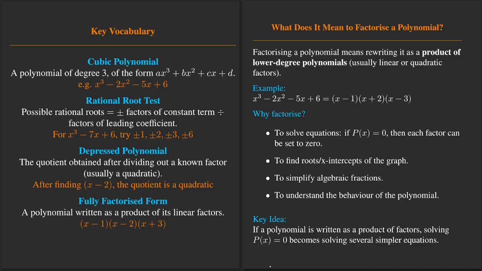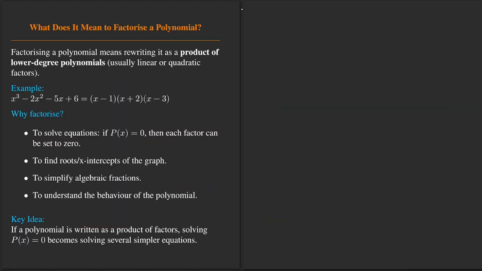So let's start by first of all looking at what it means to factorize a polynomial. When we talk of factorizing a polynomial, then we simply mean that you are rewriting the polynomial as a product of lower degree polynomials. You see, you are rewriting it.